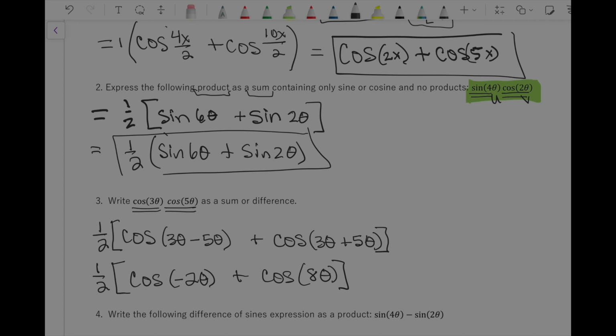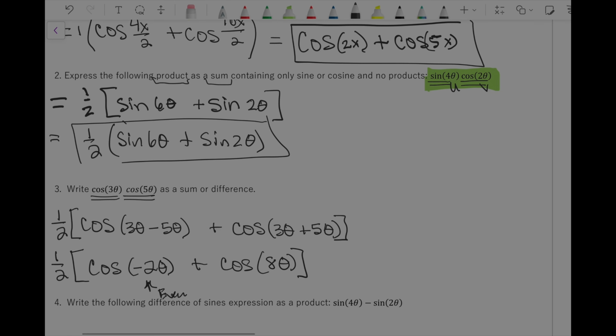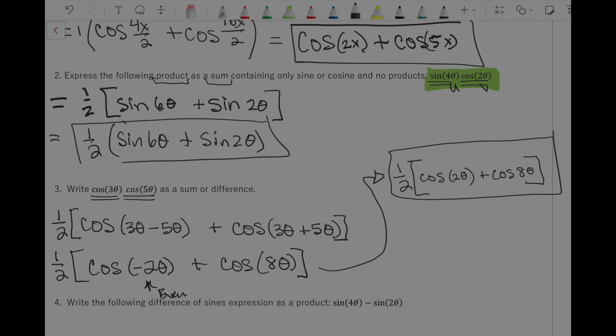It's notable here that cosine is an even function, so if this is an even function, I don't need that negative there. So I can write it like so.